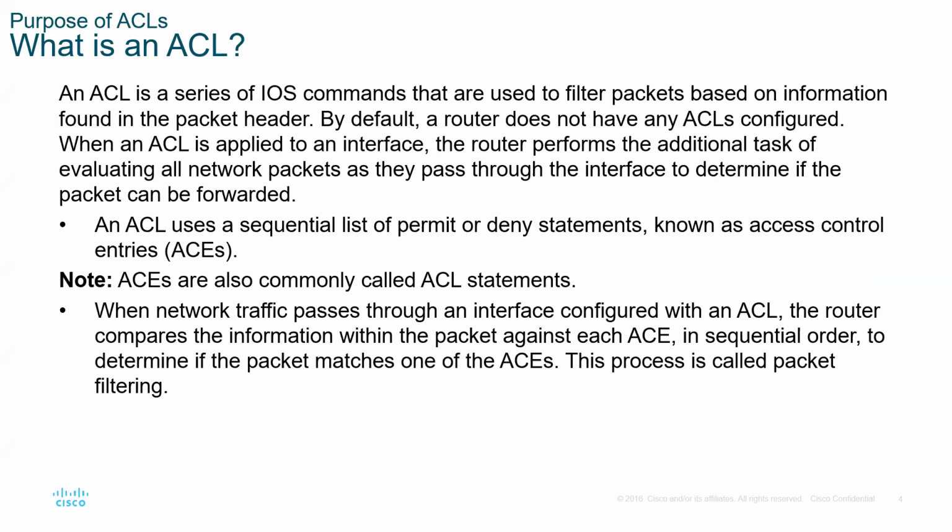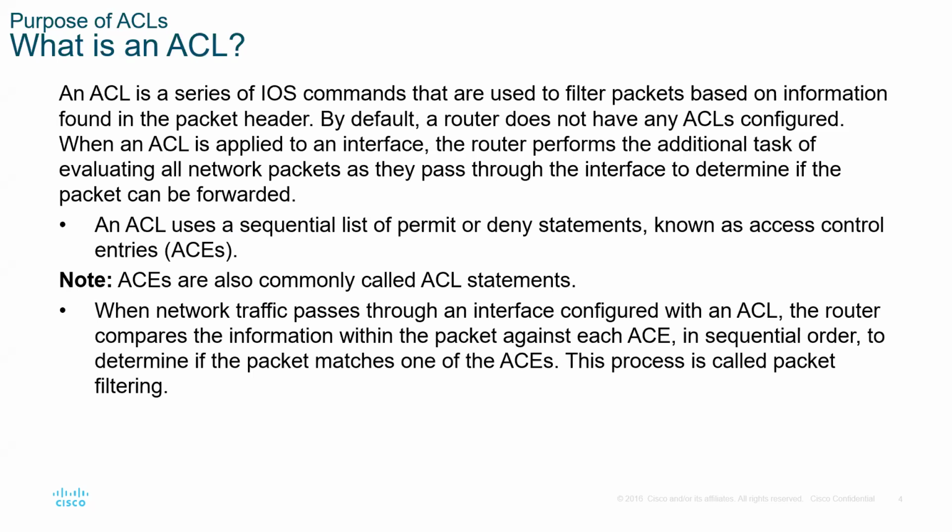An ACL uses a sequential list of permit or deny statements known as access control entries, ACEs. ACEs are commonly called ACL statements. So basically, an ACL is just a set of commands, a set of rules that can be used by a router.